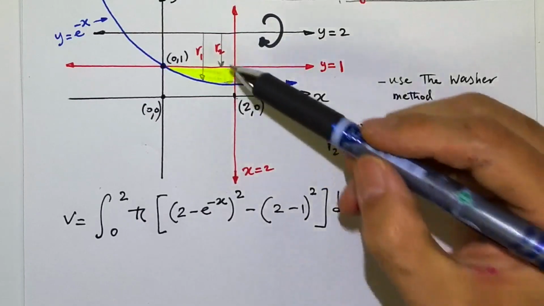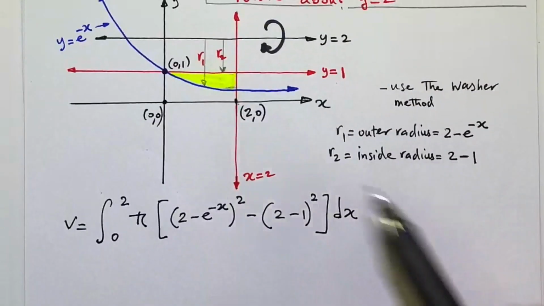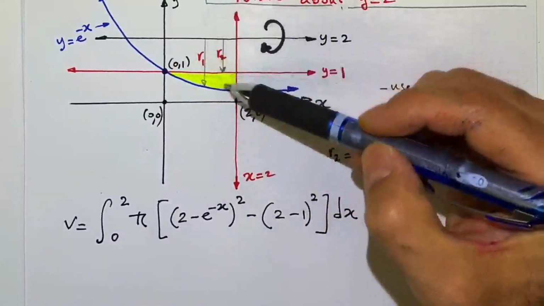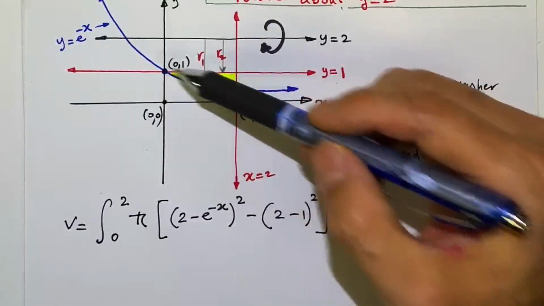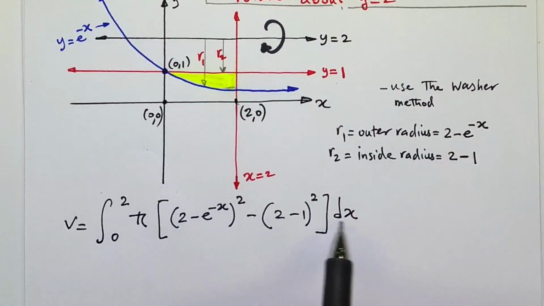If you take the washers, and I'm not going to draw them because I will mess up the drawing, but if you visualize washers going from x equals 0 to x equals 2, they will have thickness delta x, which translates into dx here. The thickness of the washers will be delta x.